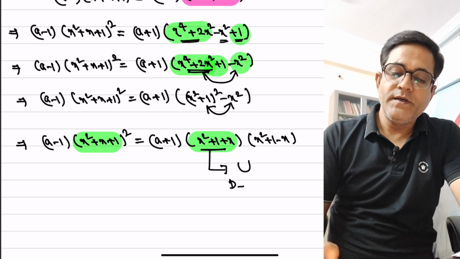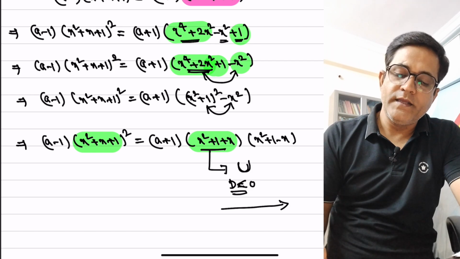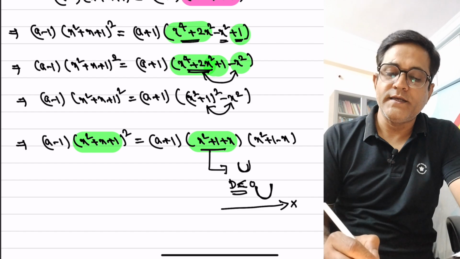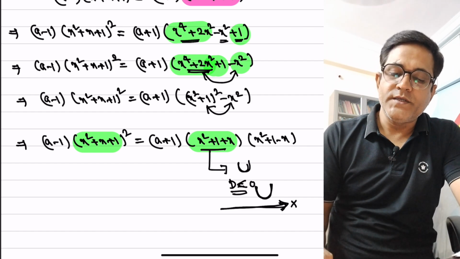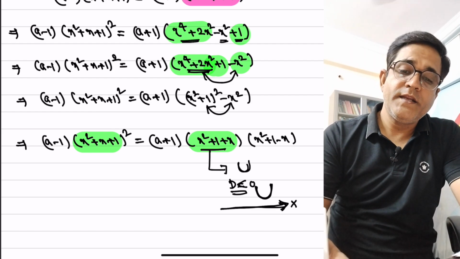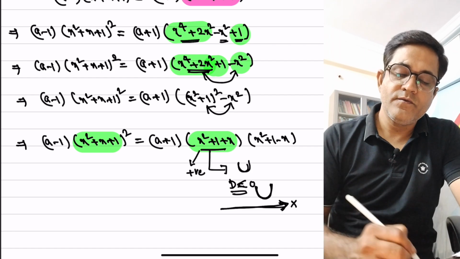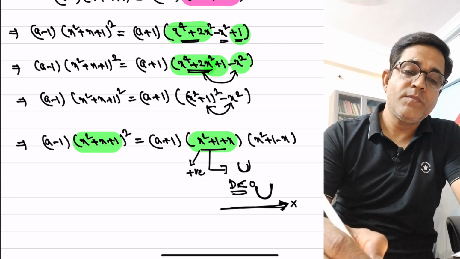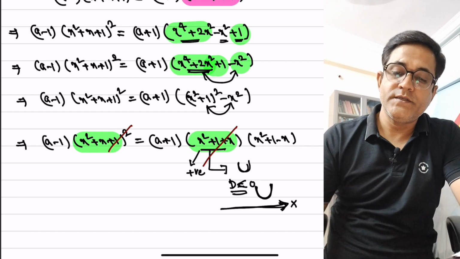The discriminant is negative, and the parabola is open upward, so the diagram will be like this: the parabola lies completely above the x axis. That means for all real values it is positive. So x² + x + 1 is always positive, a non-zero number, and now you can cancel x² + x + 1 one time on both sides.